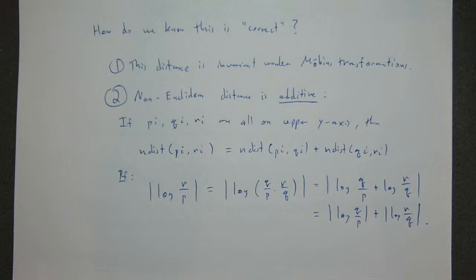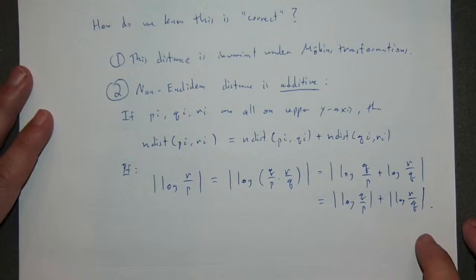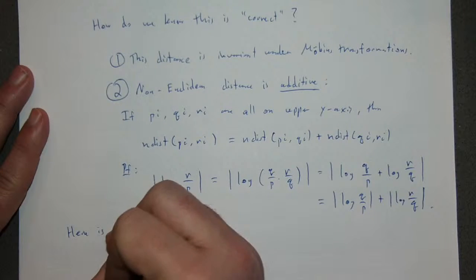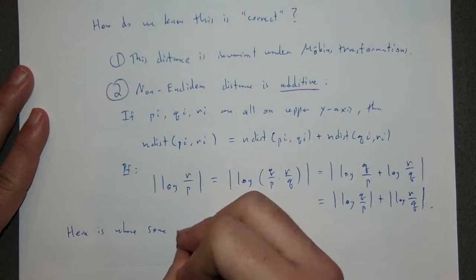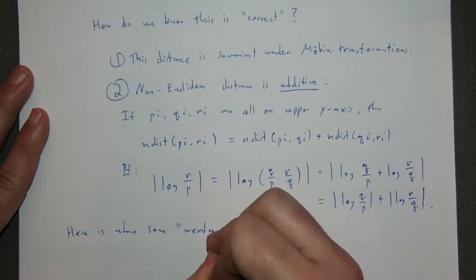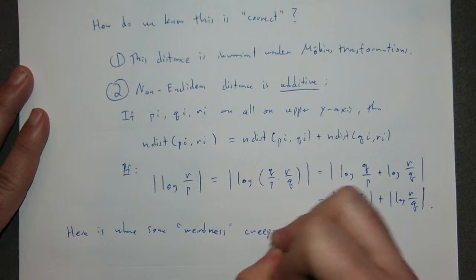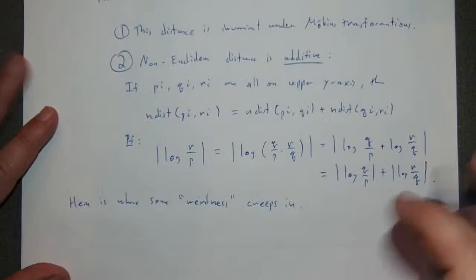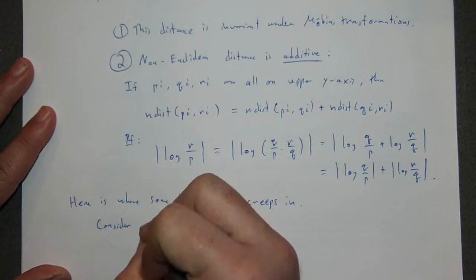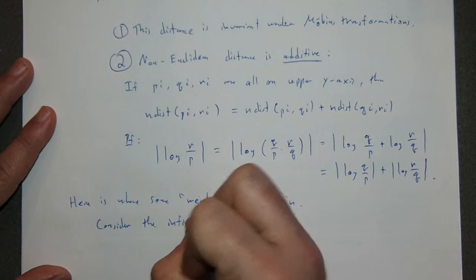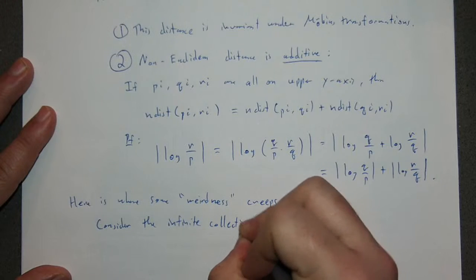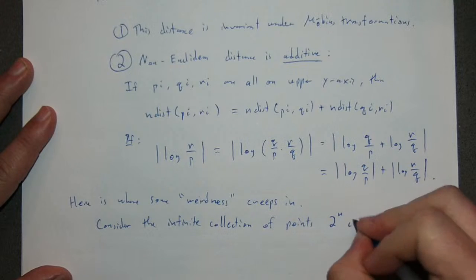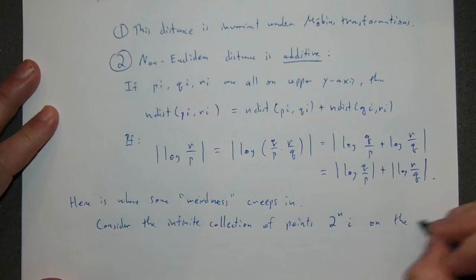And so, what's a result of this? Here is where some weirdness creeps in. Consider the infinite collection of points 2 to the n i on the upper y-axis.